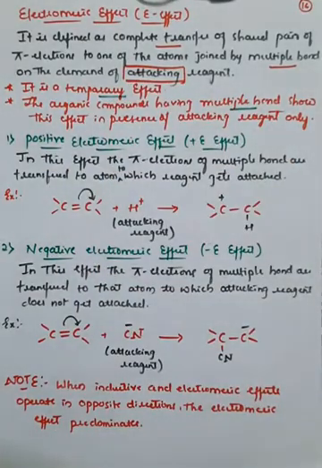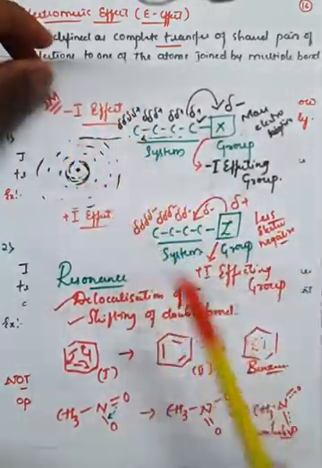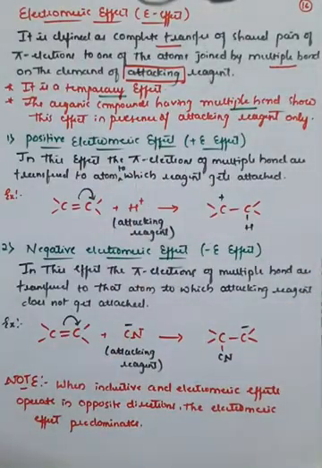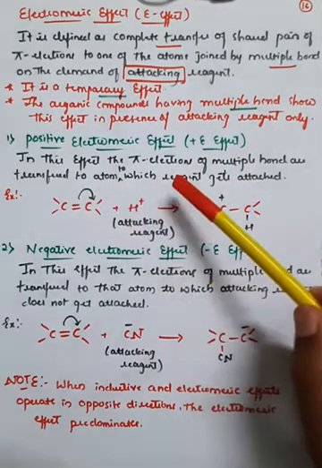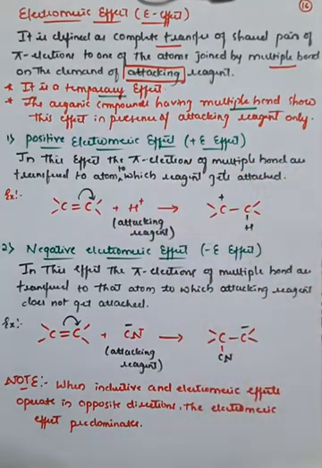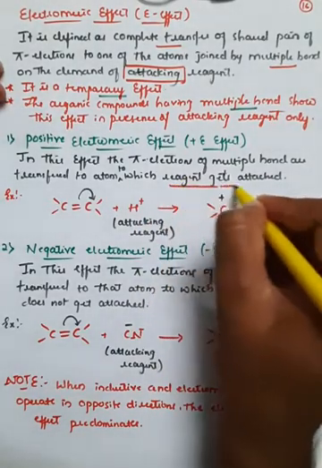It is not a permanent effect, which we have seen in the form of the inductive effects. So here the positive electromeric effect can be defined as the effect where the pi electrons of a multiple bond are transferred to that atom to which the reagent gets attached. This statement is very important, right?